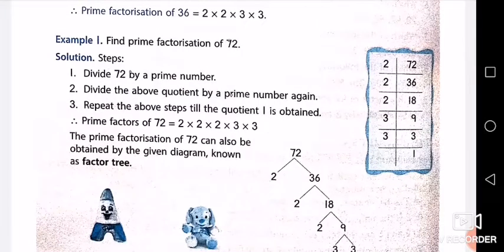Now we will see how to find the prime factorization of a number by using the division method and by using a factor tree. So let's start this example 1 to understand how to find the prime factorization of a number.